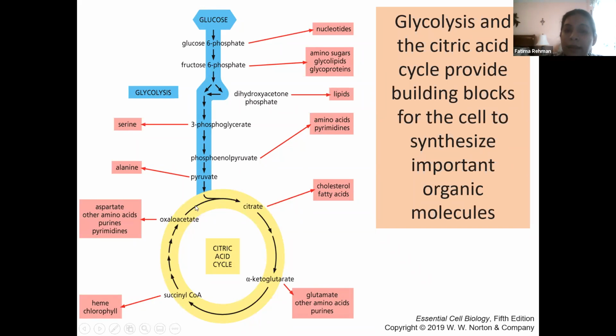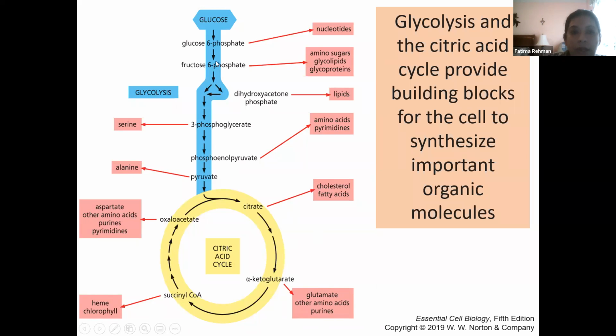Similarly, within the citric acid cycle, each one of the intermediate steps gives rise to building blocks that can make other types of molecules, whether it is cholesterol and fatty acid chains, or again, R groups for other amino acids, to be made in the form of purines or chlorophylls or pyrimidines.